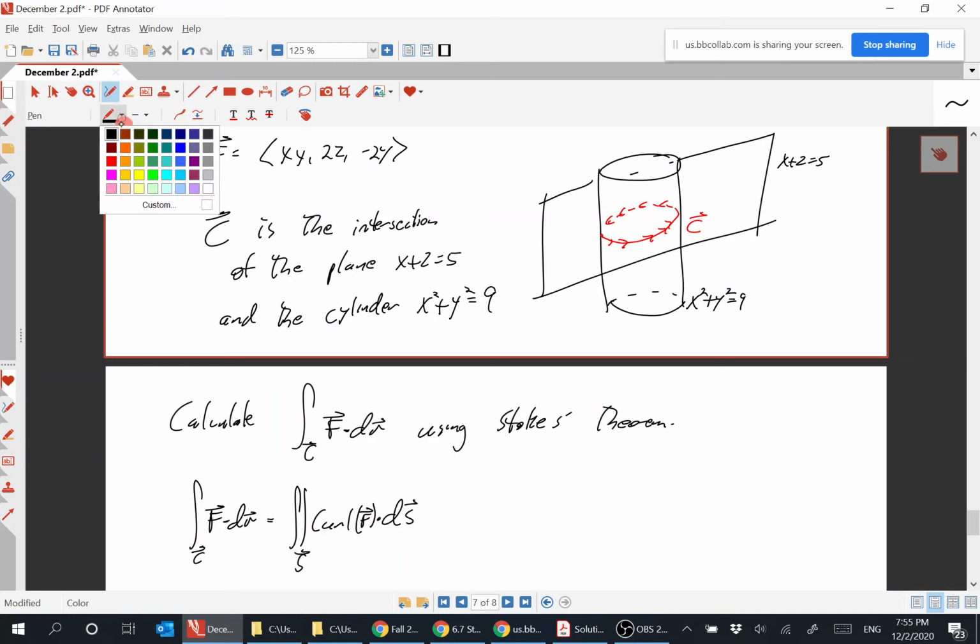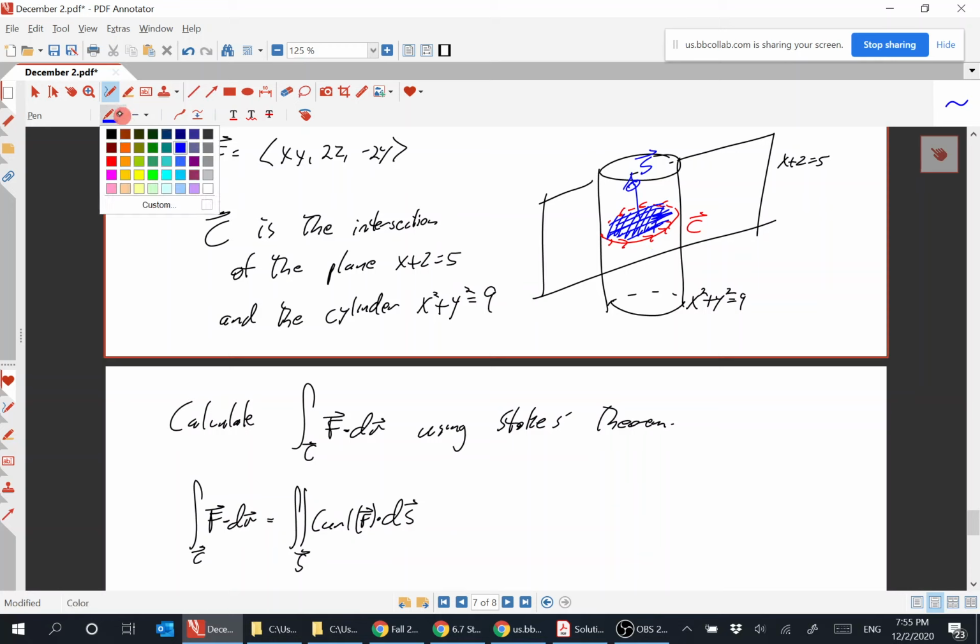You would actually pick the plane, the plane in here, directed that way. That bit of the plane, that oval bit of the plane, has as its boundary C.